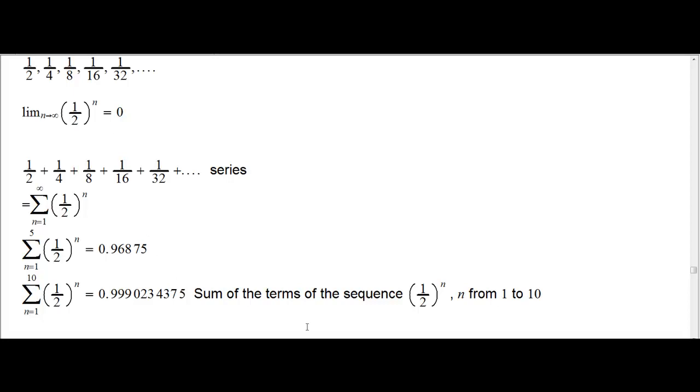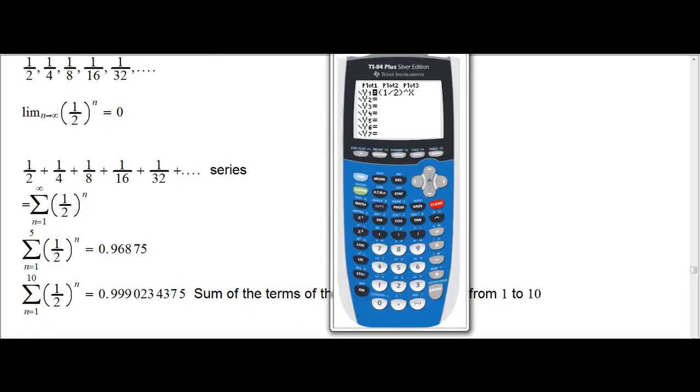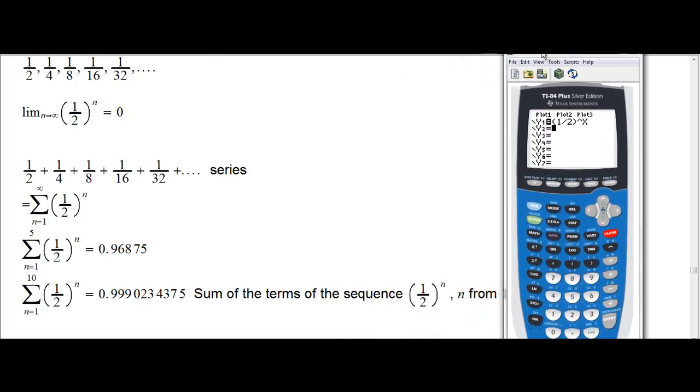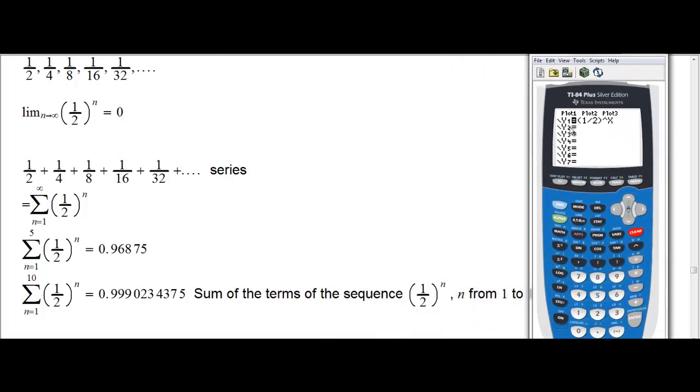So when we use the calculator, my sequence is like y1 here, right? Makes sense? So then I should be able to find some sequence feature in here. I keep forgetting where we find this. No, we can't find it here. So let's go to math. I think it's in this one.